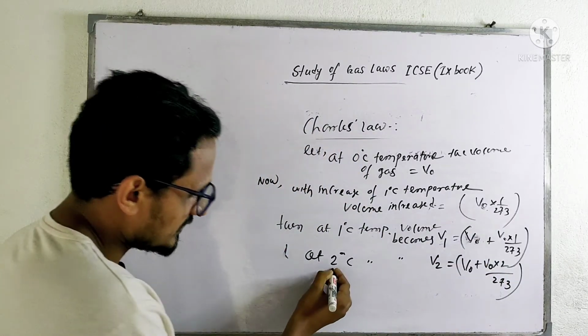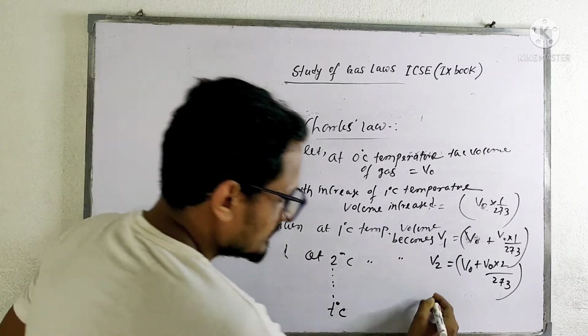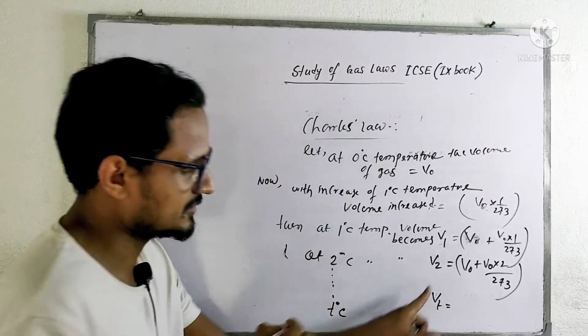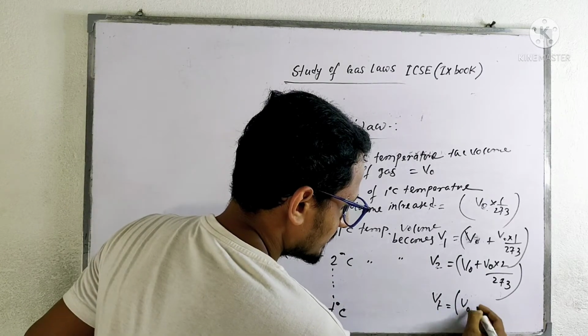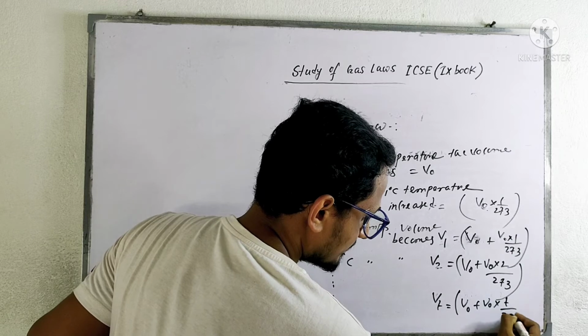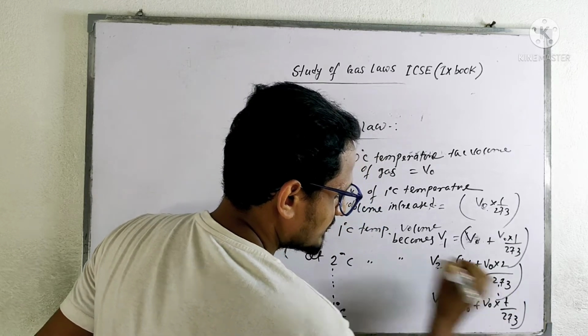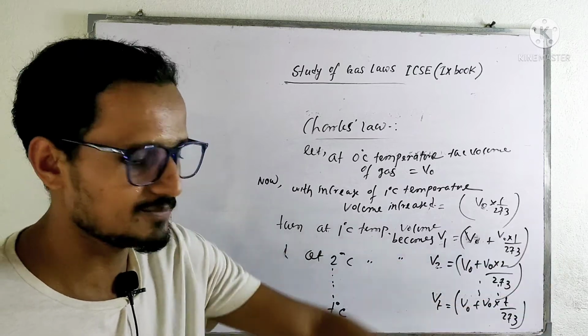Likewise, if anyone increases the temperature by T degree centigrade, then it will be Vt. Instead of 1, 2, I am writing T. Vt equals V0 plus V0 into T by 273.